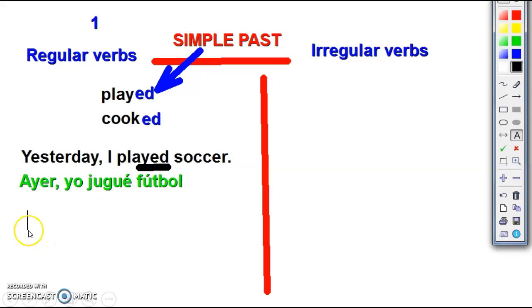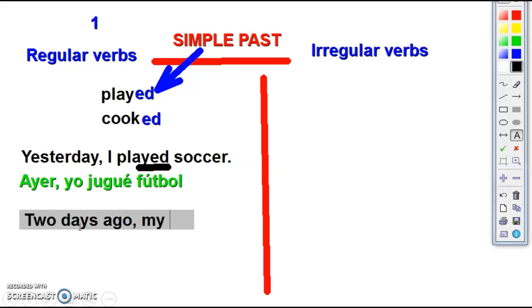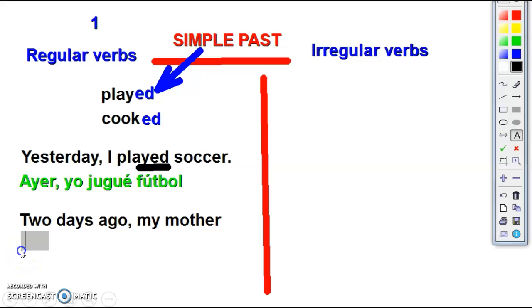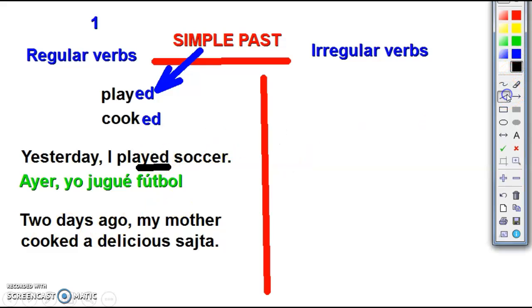Another example, 2 days ago, my mother cooked a delicious salad.